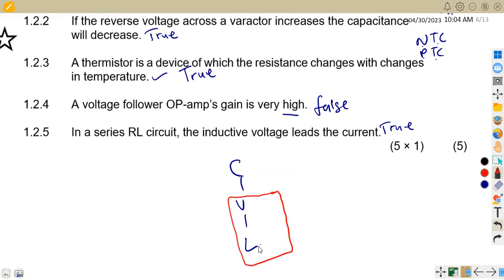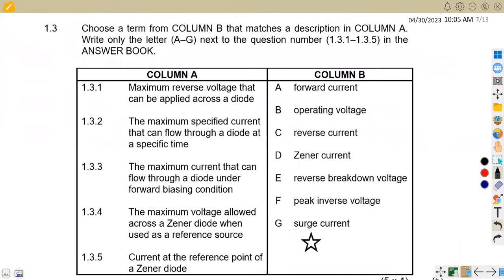So voltage is on top. Voltage leads current. In a capacitance, if you are dealing with a capacitive circuit, current leads voltage. So you can take it from CIVIL. So that part is actually true. All right, so that's it for this part.